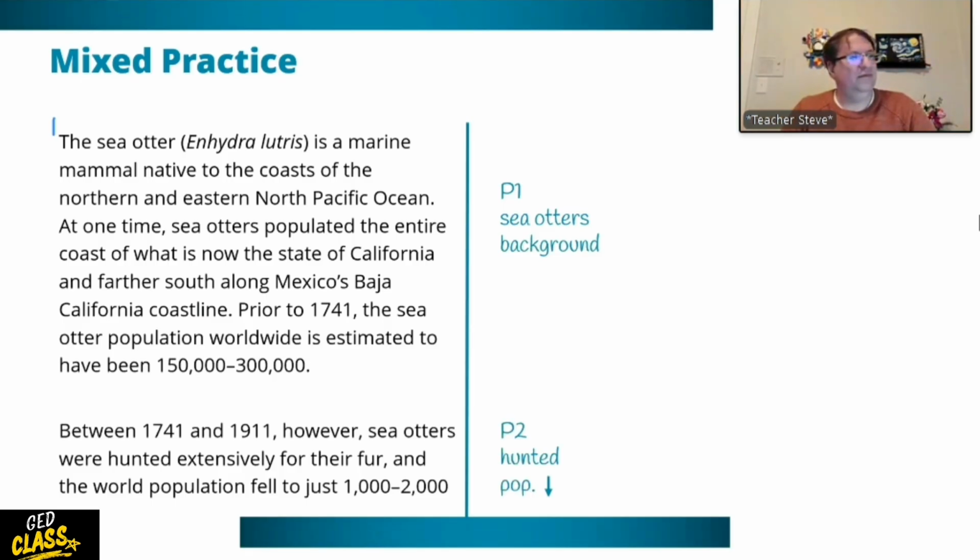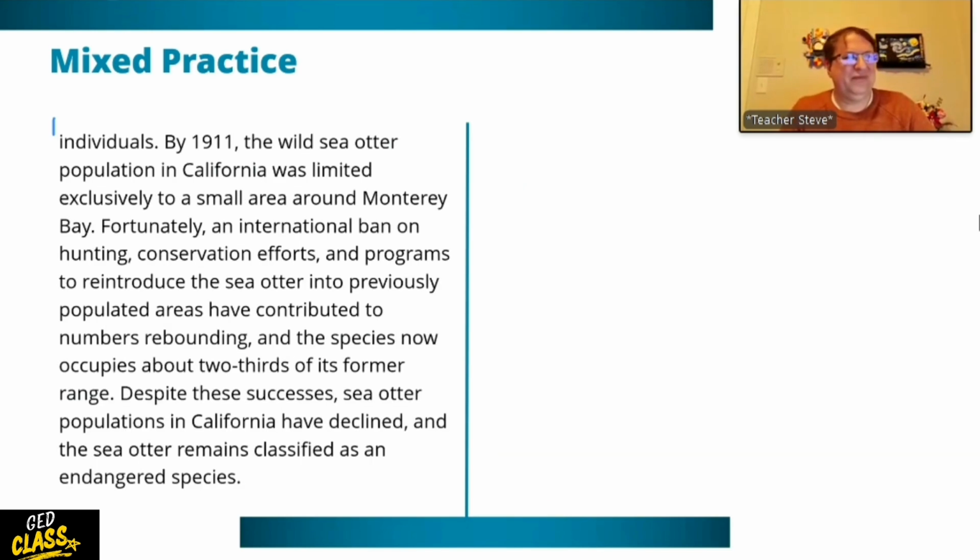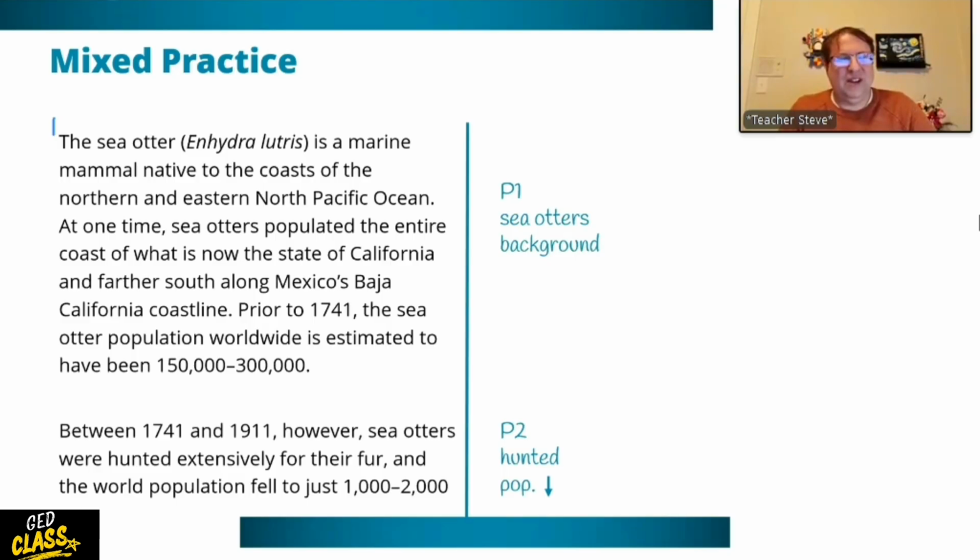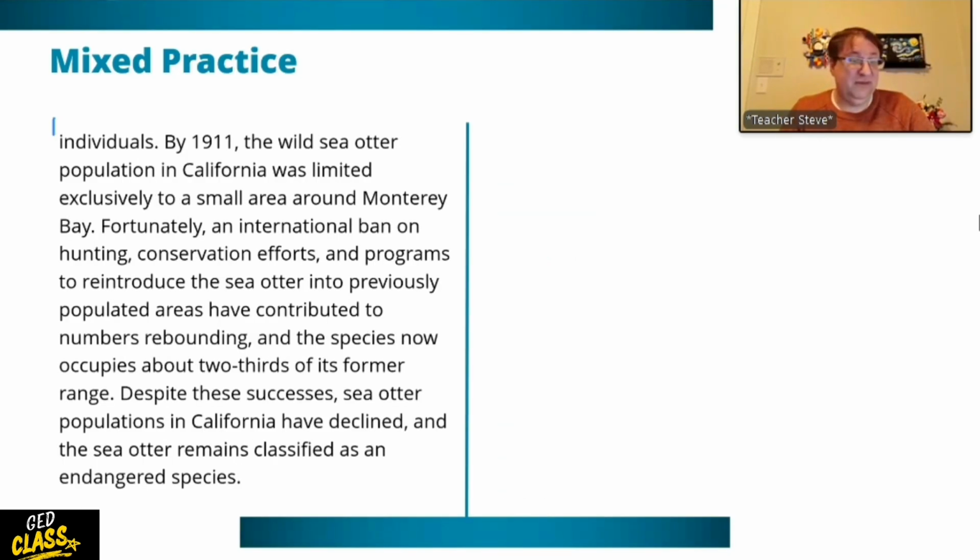Oh no, we haven't had a question yet, Brian, so there's no poll yet. We'll have a poll once the question comes. Okay, so the population fell to just 1,000 to 2,000 individuals.